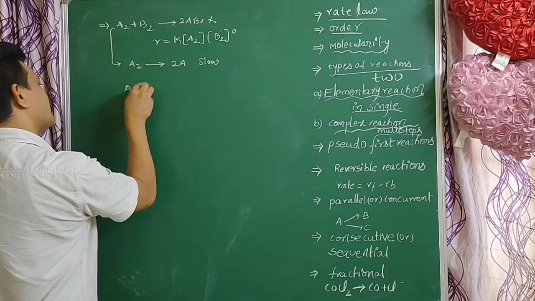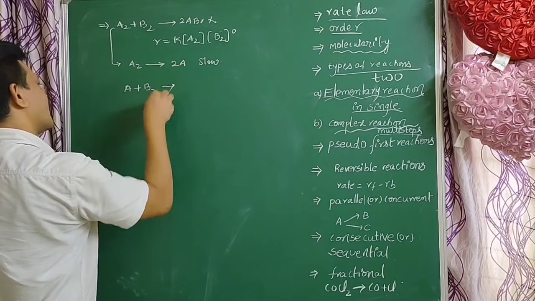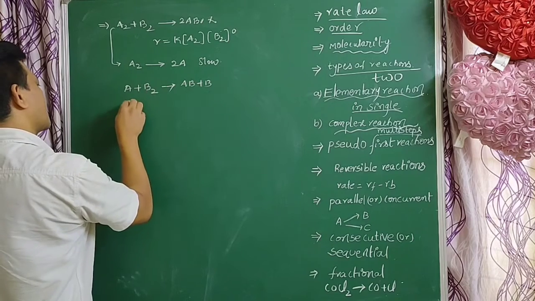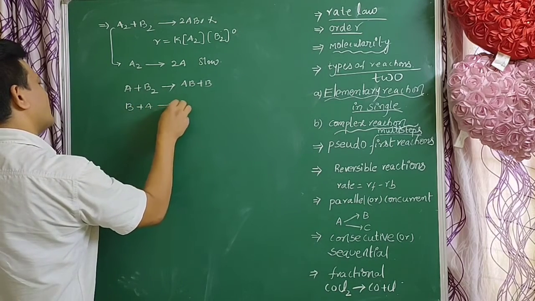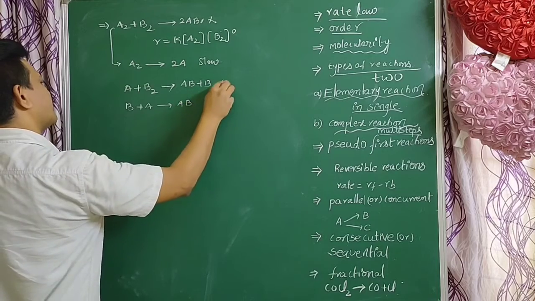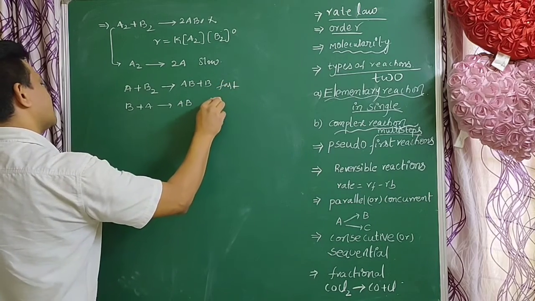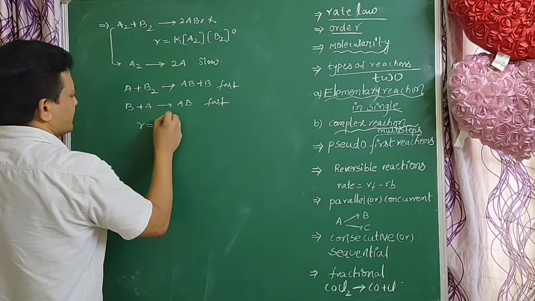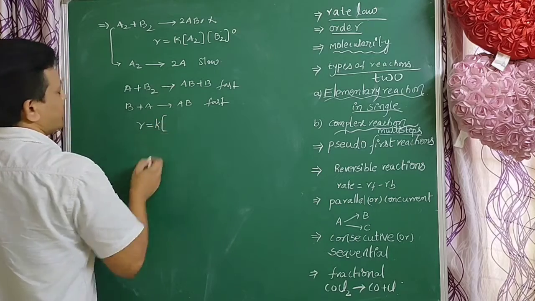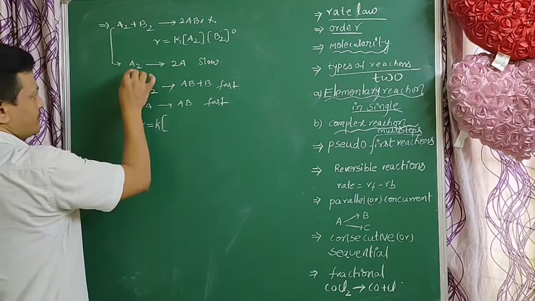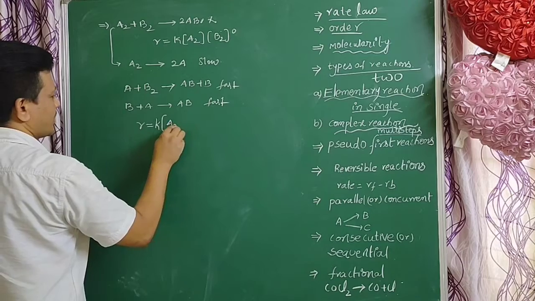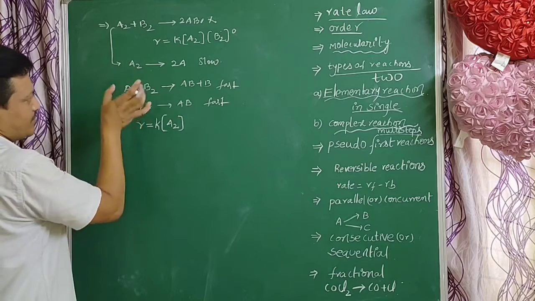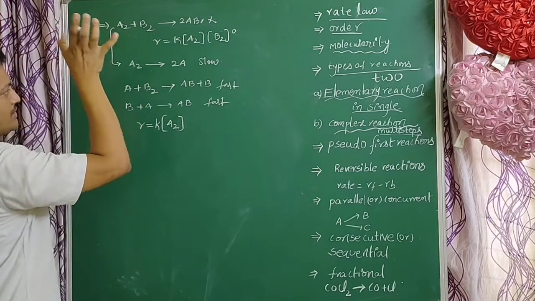Then A reacts with B2 to form AB plus B, and B reacts with A again to form AB. These two reactions are very fast reactions. So rate depends on only the slow step. In the slow step, A2 is the reactant, so the rate equation is this, obtained experimentally.